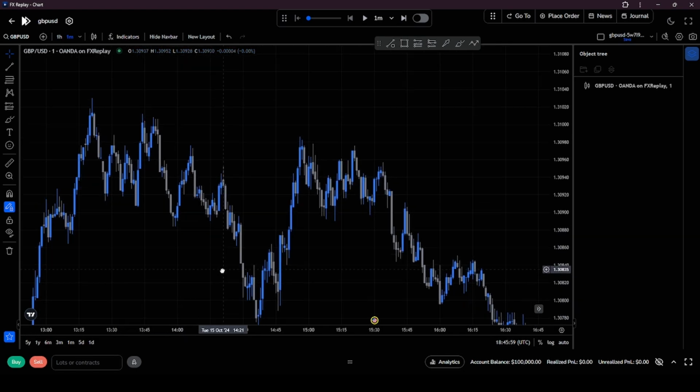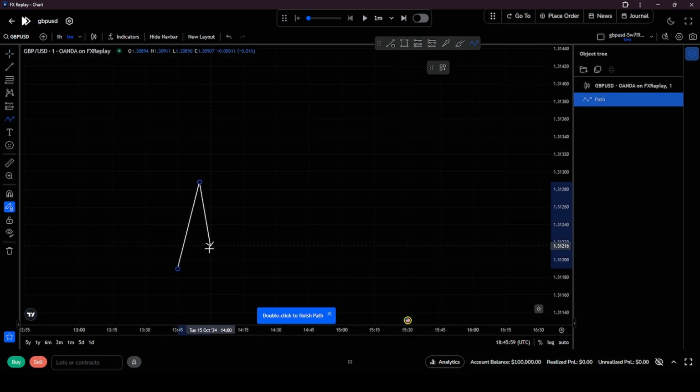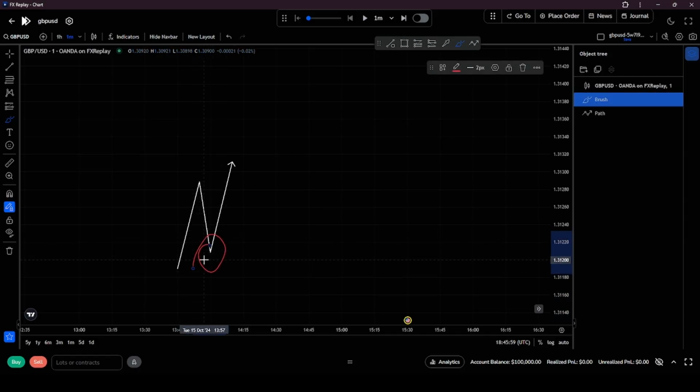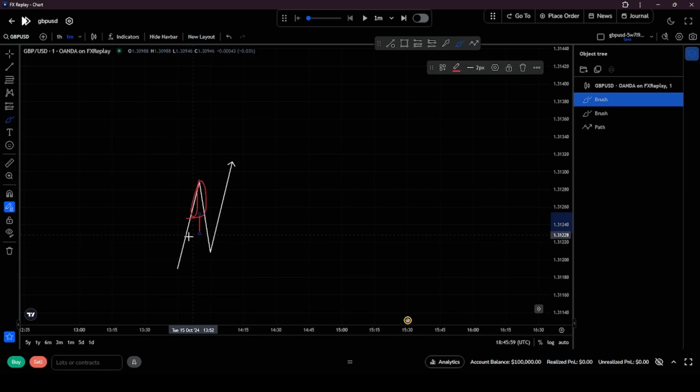So let's get started. So in our last class, we learned that when we have a valid pullback, we classify this as a pullback because it broke below a candlestick low and then broke above the high.